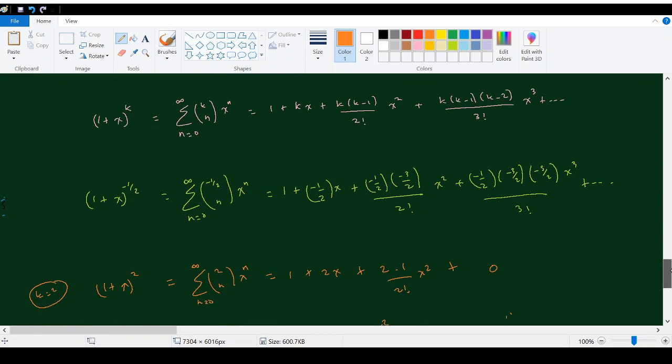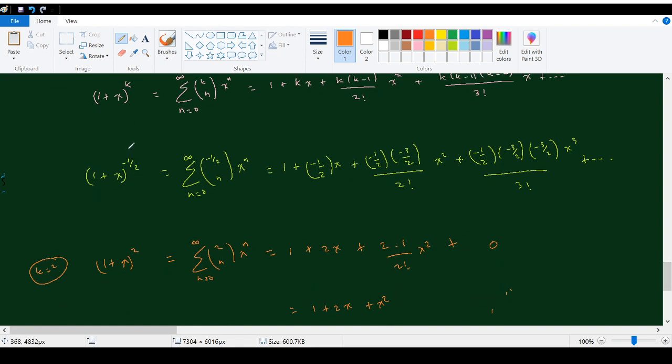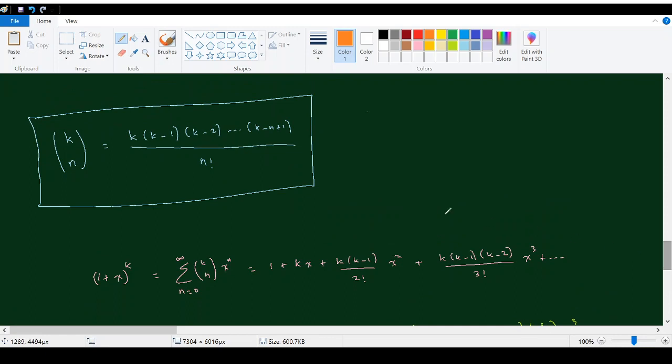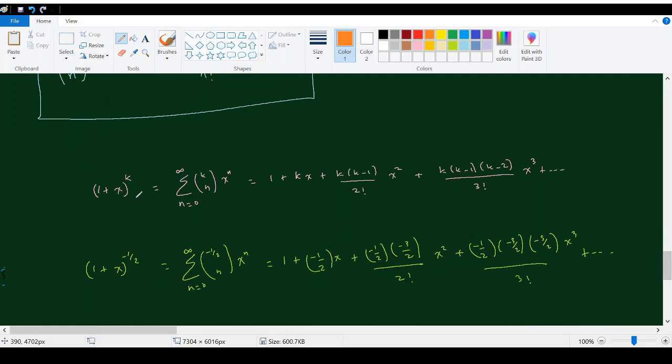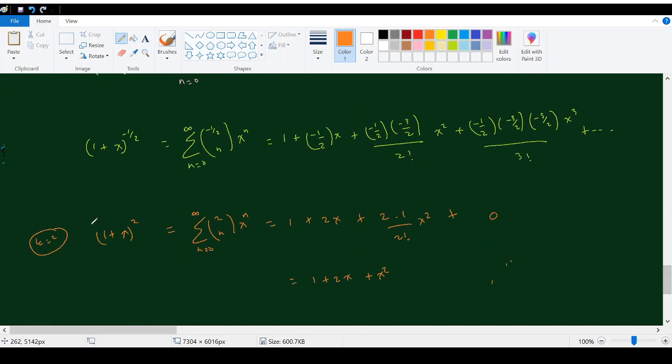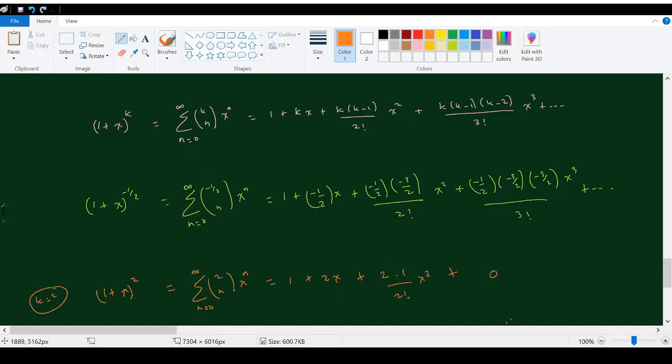So, what you have to remember is, even for a non-integer power, there is a certain expansion, and the coefficients of that expansion can be found from this relationship. And also, if this is a non-integer, you will get a summation of infinite terms, and if it is an integer, you will only have a finite number of terms.